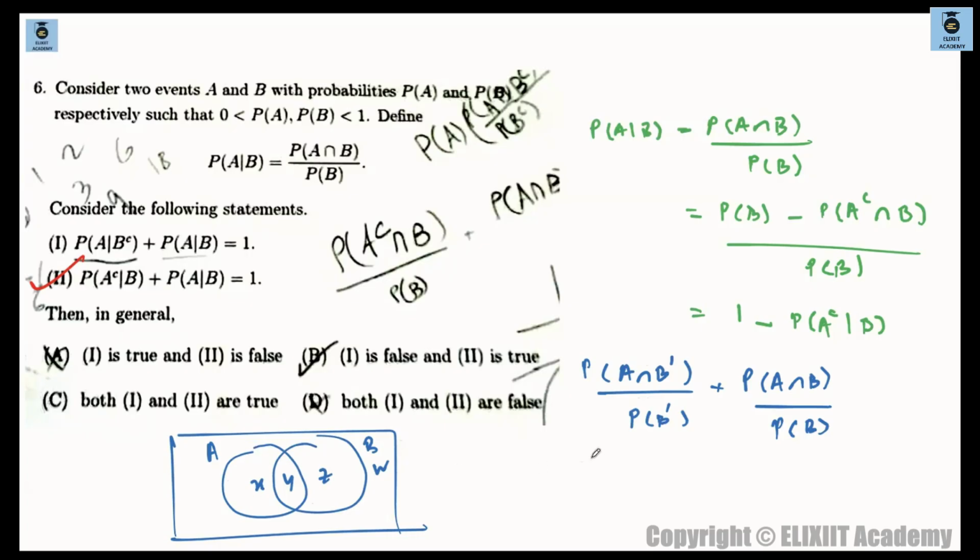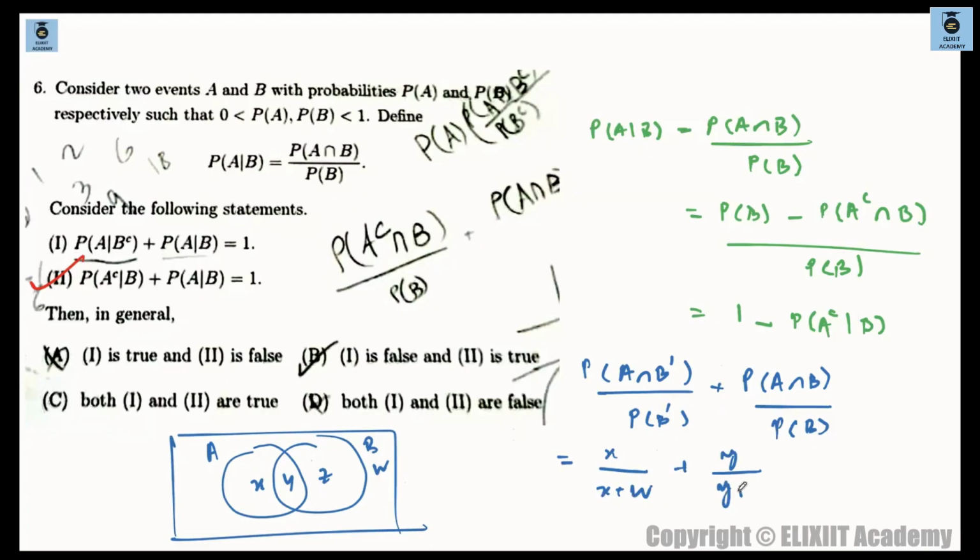So we have X divided by P of B complement. P of B complement is the remaining region except B, so X plus W. Plus P of A intersection B, which is Y, divided by P of B, which is Y plus Z.